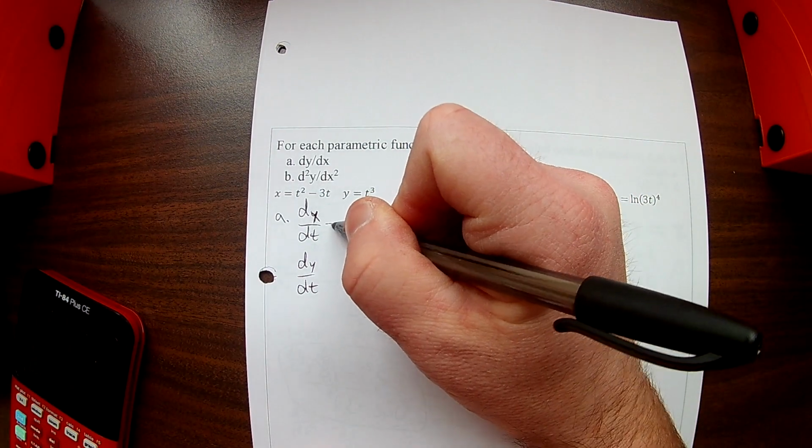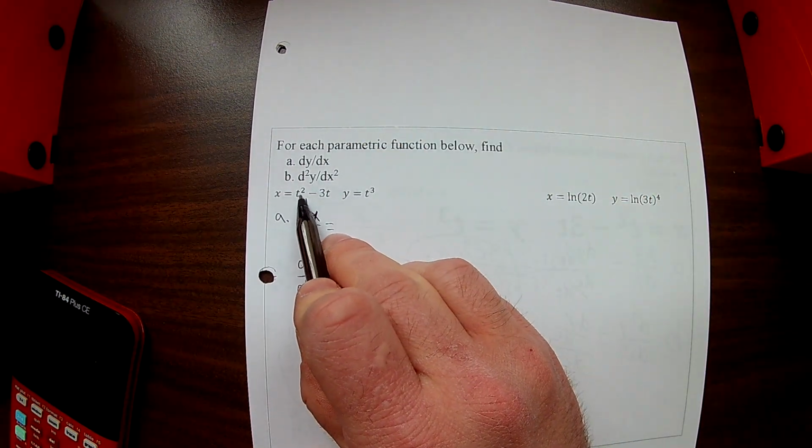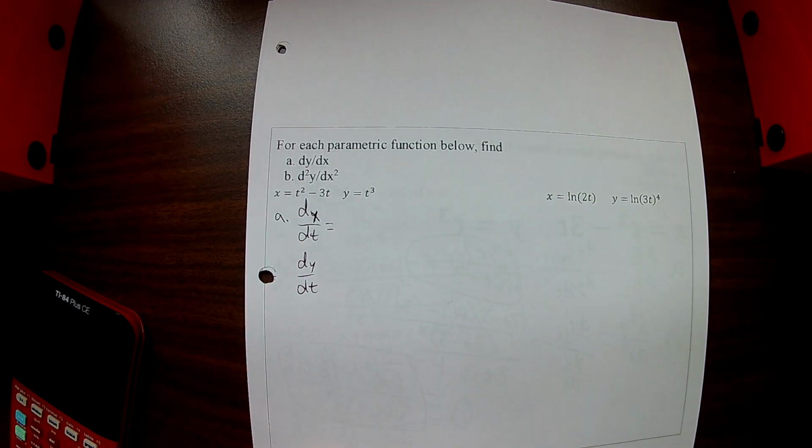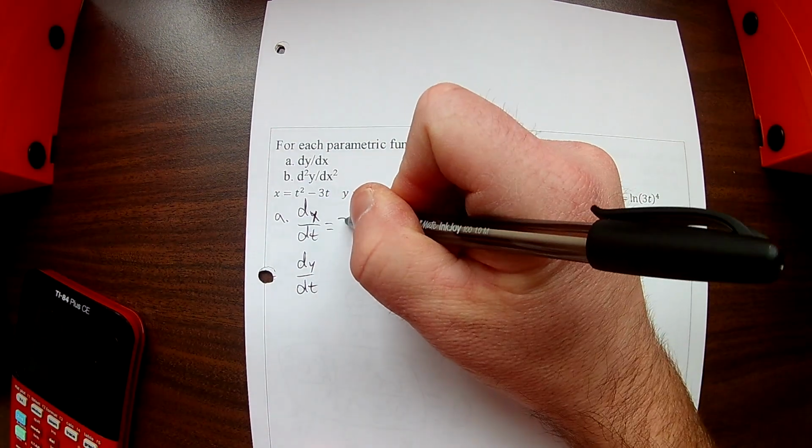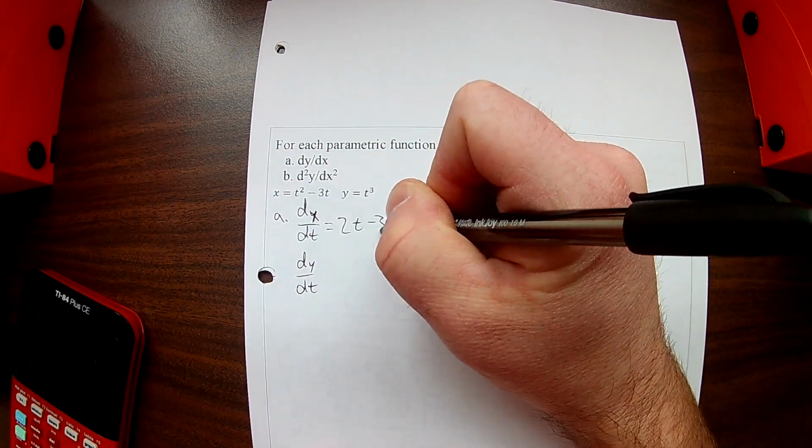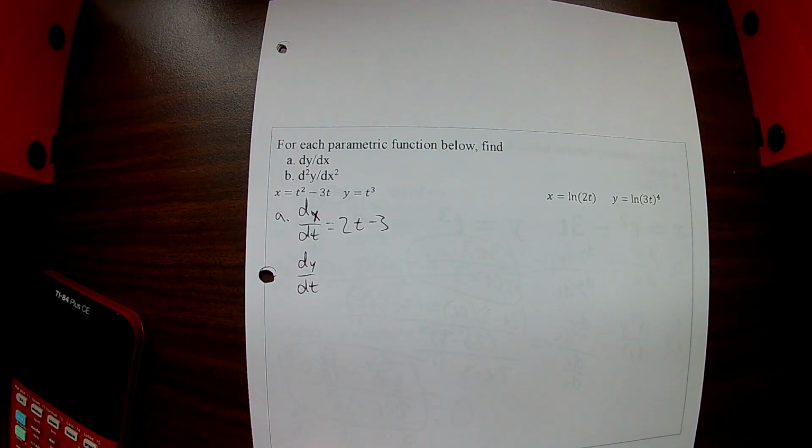The dx dt, you can just see right here, x is t squared minus 3t. I'll pause for a second while you contemplate to yourself how to find the derivative of that using our derivative rules. And of course, we've got 2t minus 3 for dx dt.